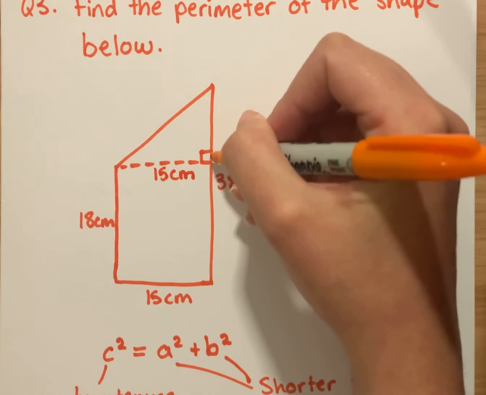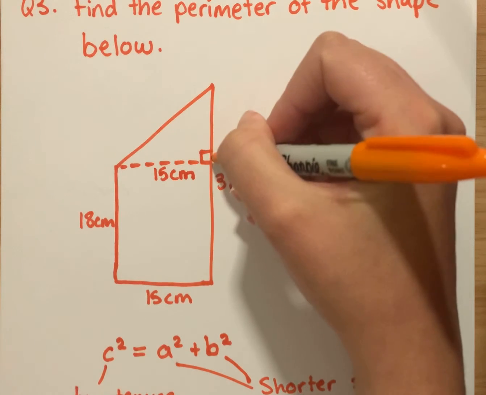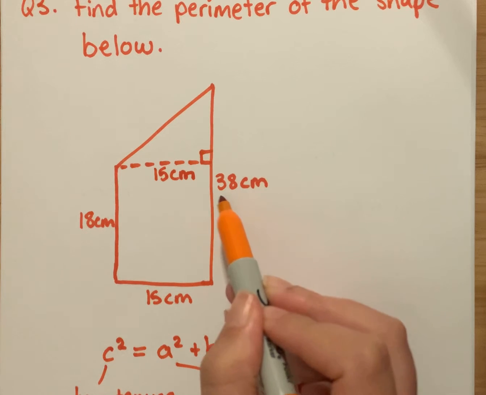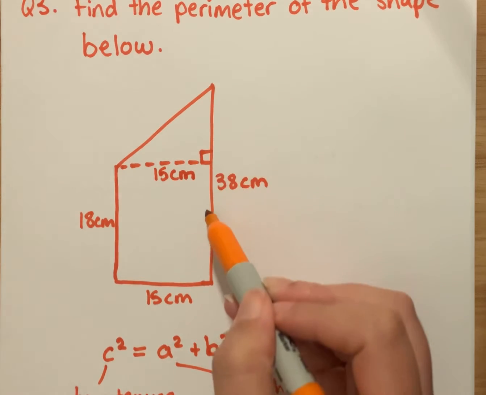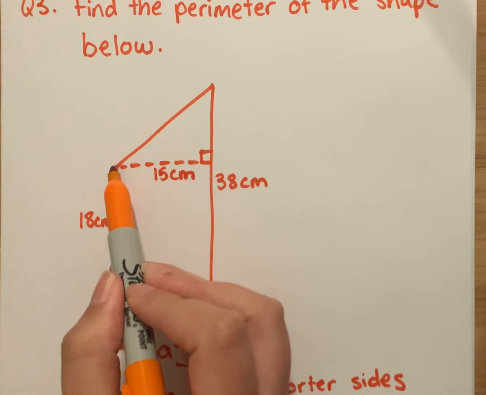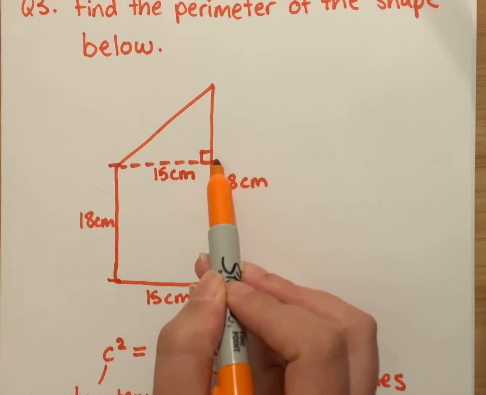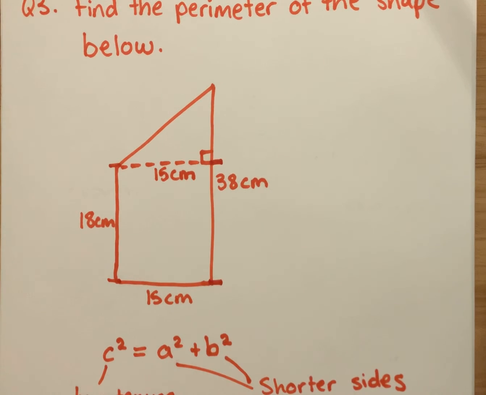And this shorter side, you can see that this total length here is 38 centimeters, and then this length here is 18 centimeters from here to here, well, that means that from here to here is also 18 centimeters. And then the remainder, that's what we need to find.